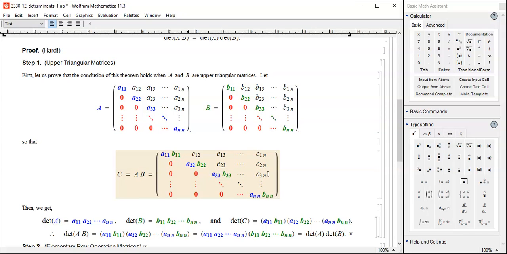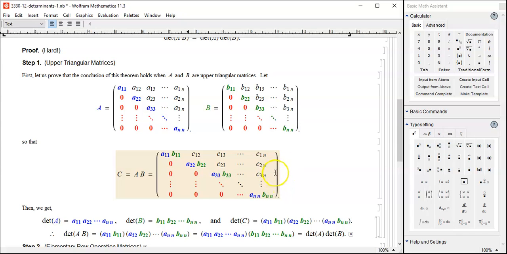In short, an upper triangular matrix times another upper triangular matrix must be upper triangular. So the set of all upper triangular matrices is closed under multiplication. And furthermore, the diagonal entries are just the product of each diagonal entry: A11 times B11, A22 times B22, A33 times B33, and so on.